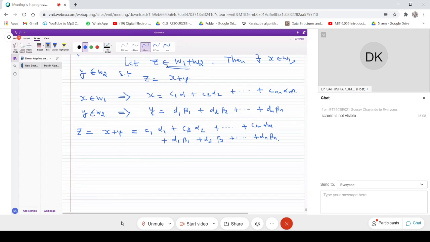So z, which we have taken in w1 plus w2, can be expressed as a linear combination of these vectors. Therefore B prime is a spanning set. So therefore B prime is a basis.